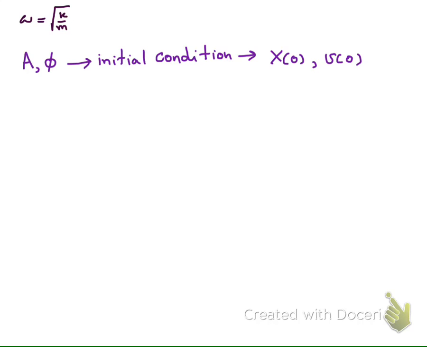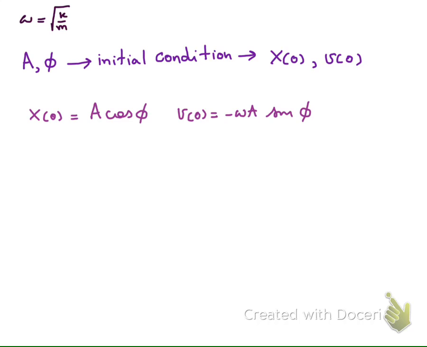So we must have that x0 is equal to A cos phi, and also v0 is equal to minus omega A sin phi.